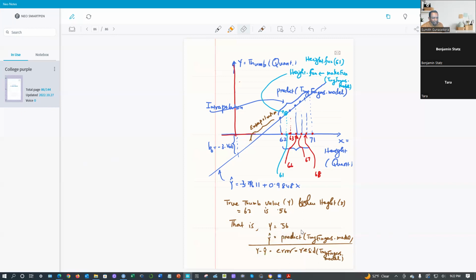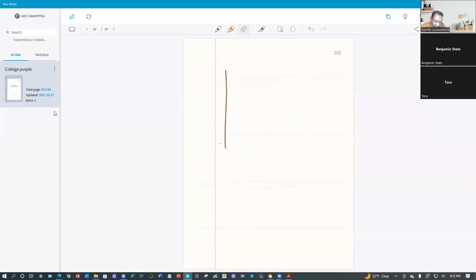Now if you go further down a little bit, in addition to this one, see, x is nothing but height, y is thumb length, and then we have the points, 6 points somewhere, and we have this line, doesn't matter.